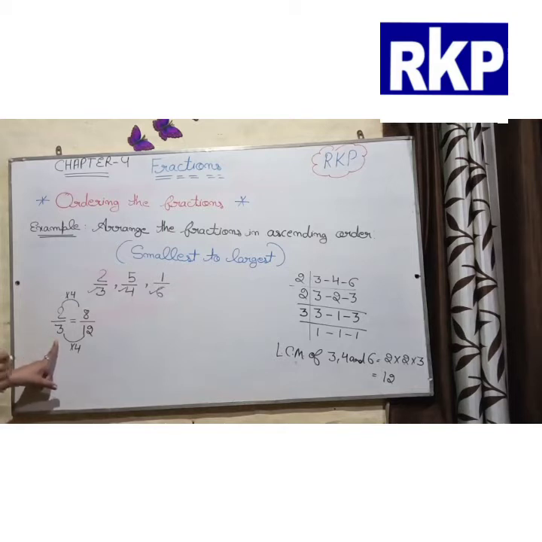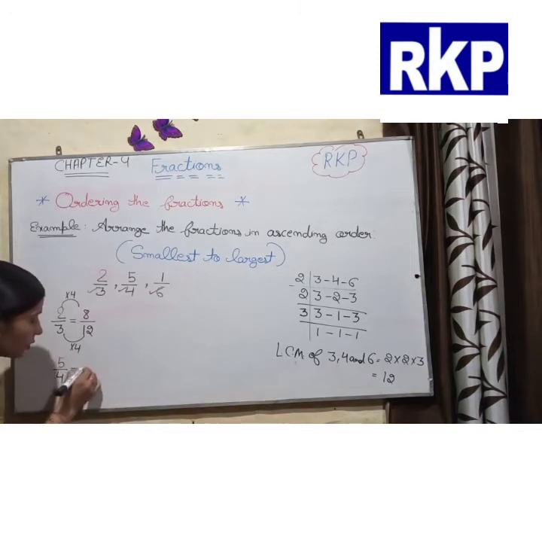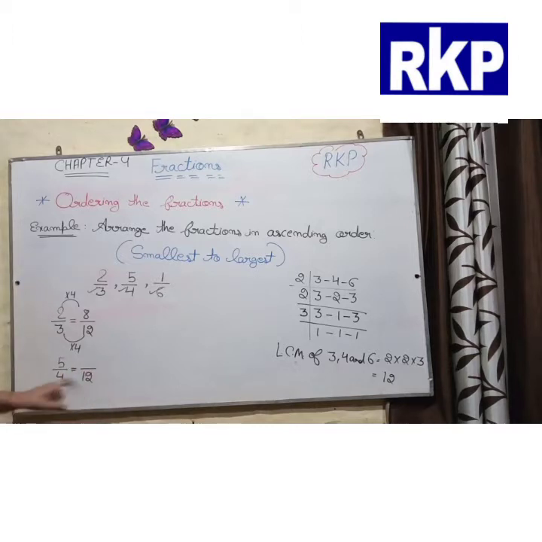Now we have to write the equivalent fraction of 5 by 4. So write here 5 by 4 is equal to something by 12. Now we know 4 threes are 12. If we multiply 4 by 3, then we get 12.